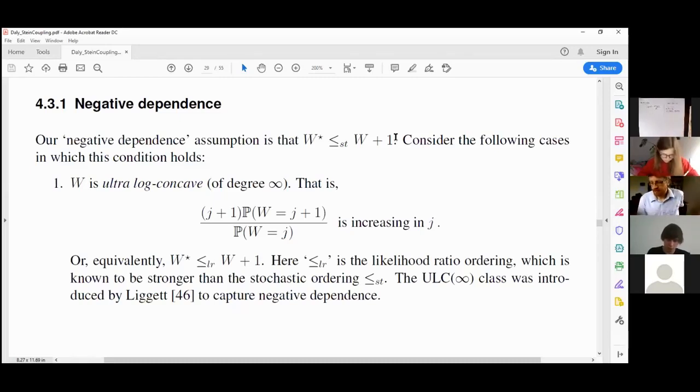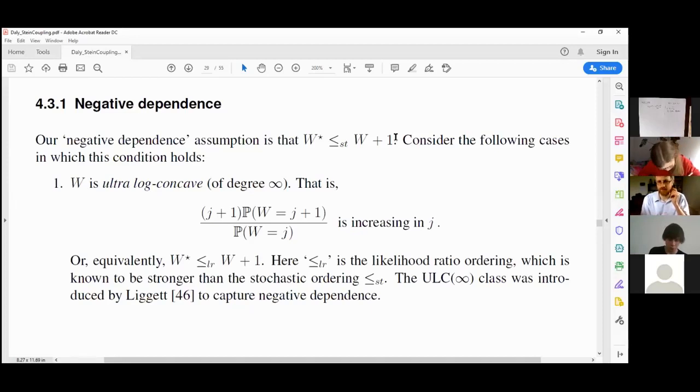By negative dependence in this setting, what I mean is that if I tell you that one of those x's is large, well, large in this case means 1, because all these x's are either 0 or 1, then in some sense that tells you that the others are smaller than you would expect them to be otherwise.